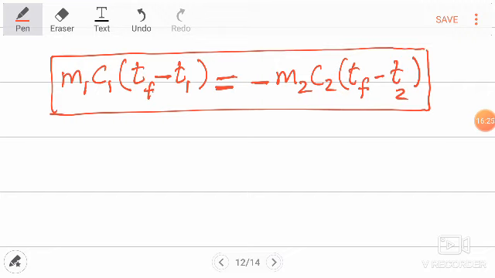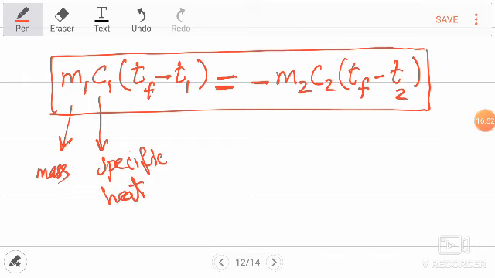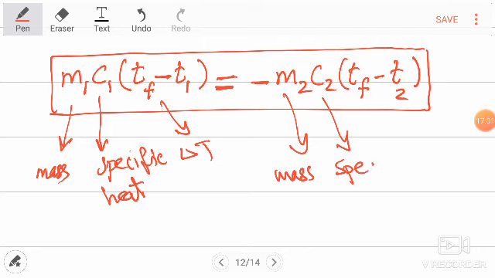M1 C1 is the mass of the first object, the colder object, its specific heat, and its change in temperature, equals M2, the mass of the second object, its specific heat, and its change in temperature. This represents delta T. Here, the mass of the hot object, the second object, its specific heat, and its change in temperature.